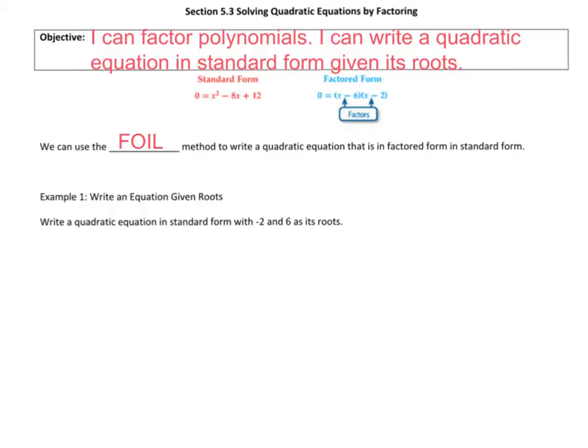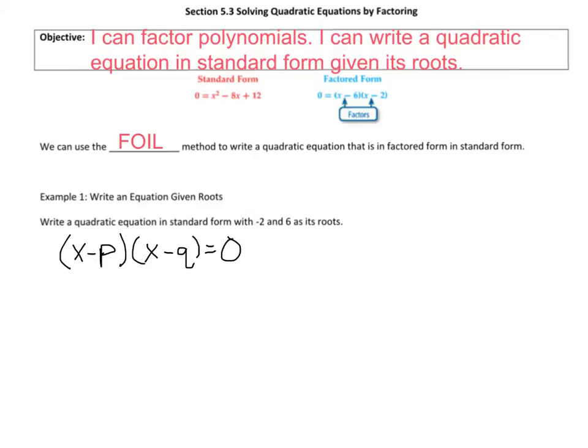Example 1 wants us to write a quadratic equation in standard form with -2 and 6 as its roots. So the first thing we're going to do here is just write what this is going to look like. So we're going to have x minus p times x minus q equals 0.